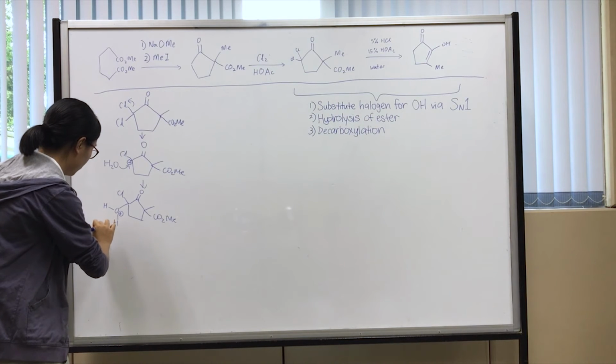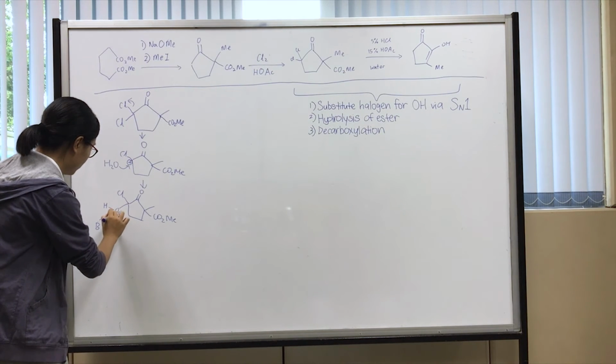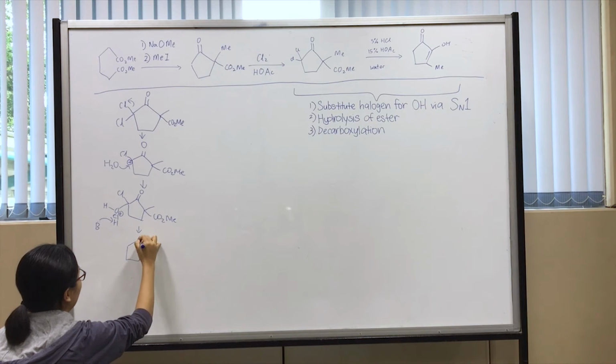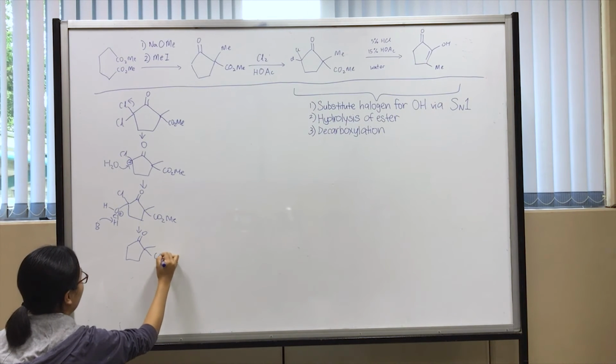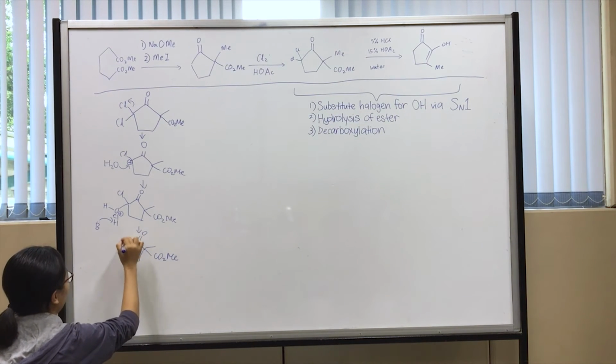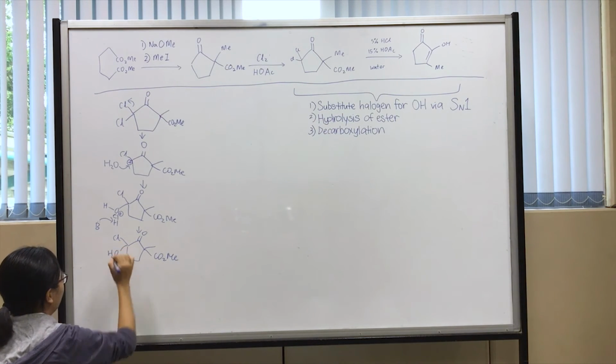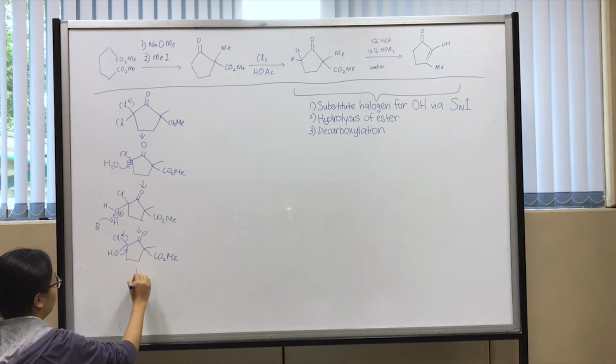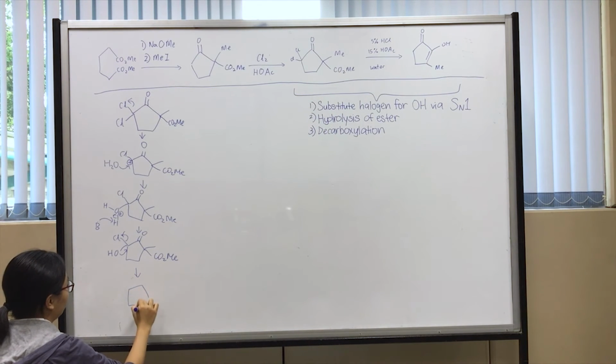Then it will be deprotonated to form an alcohol. The next Cl will be kicked out and will form an oxonium ion.